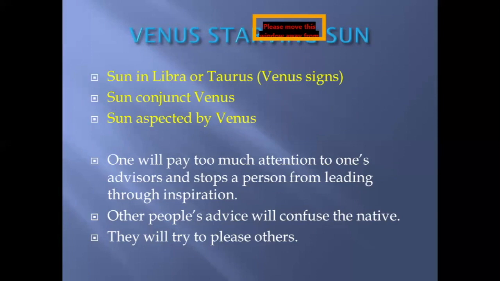Okay, so Venus represents our advisors, and the person will pay too much attention to those advisors. That could be friends or people we have around. So listening to other people's opinions will actually confuse the native, as they will try to please others a bit too much.